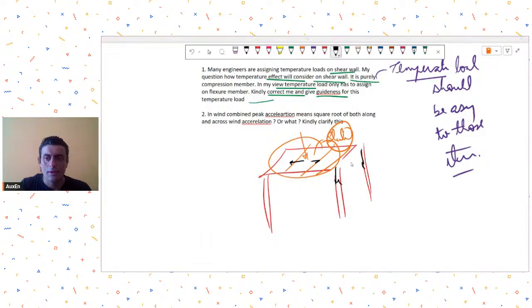So any internal force that is generated in those members will be due to the expansion contraction that is experienced by these members.